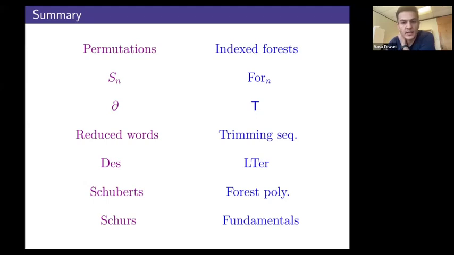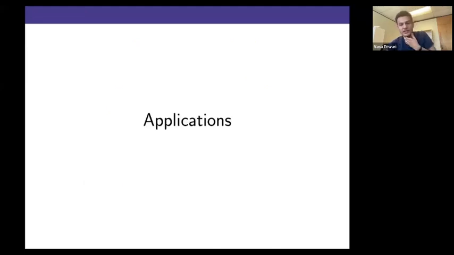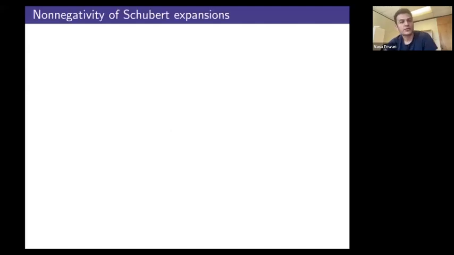Okay, all right, so I promised an application. Maybe there's a plural here. I will give only 1 application in the interests of keeping this tight. The application I'm going to give you is a single slide proof of the non-negativity of the monomial expansion of Schuberts.